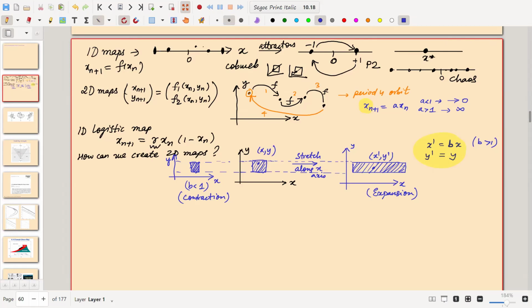Fine. So this is the idea. So now my question is, can we create a 2D nonlinear map? Yes, we can, because you told the answer that yes, our next nonlinearity we can add is a square term. So now the idea is clear. Can we construct a 2D map but with a nonlinear square term?